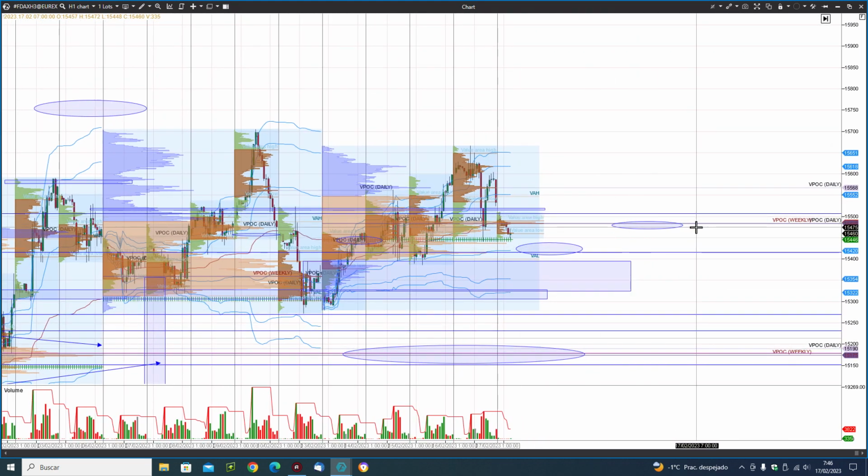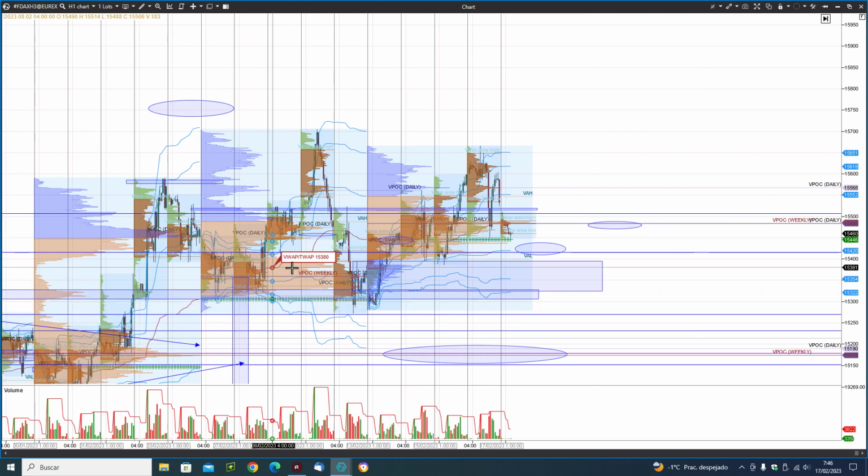Okay, we're very close to the weekly VPOC. We are facing this final of VWAP. It was a very hard support, and if we can fall below this point, next step will be this high volume node very close to the value area low of this week at 15,460.